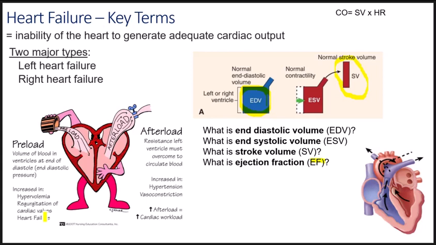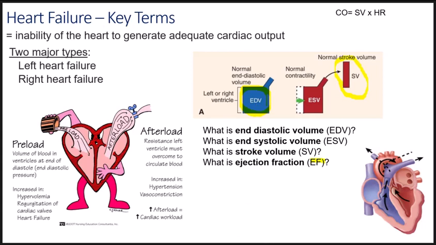And it will range depending on the age and the health of that person. So if normal is between 55 and 75%, what that is saying is that of the 100% here, we will normally eject anywhere from, depending on the person, 55 to 75% of that end diastolic volume.